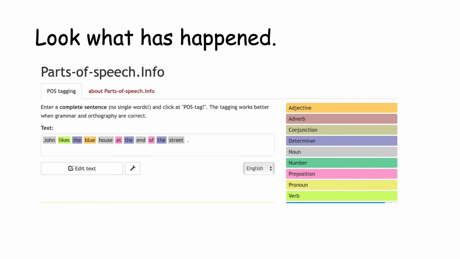Can you see on the screen now all of those words are highlighted the colour of what they are? Can you see? Did we get them right when I was discussing it? I hope I did. As you can see, end is the noun. We got that one wrong. It's of, which is the preposition.